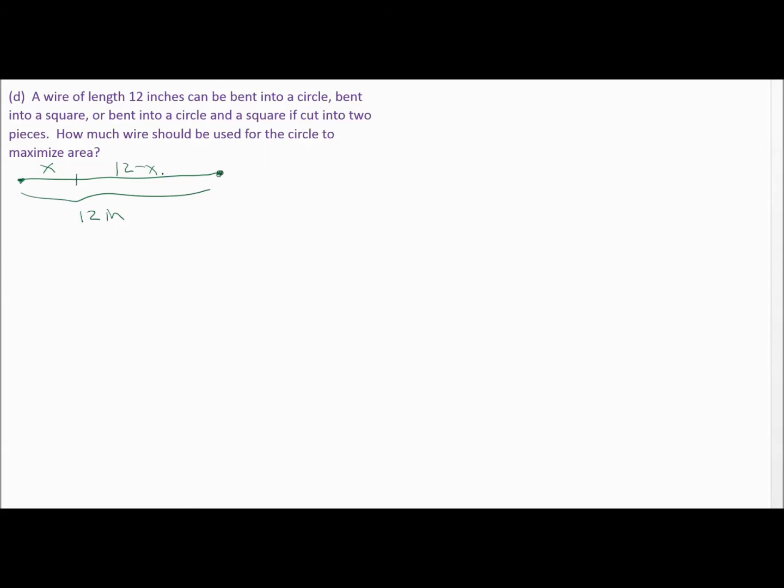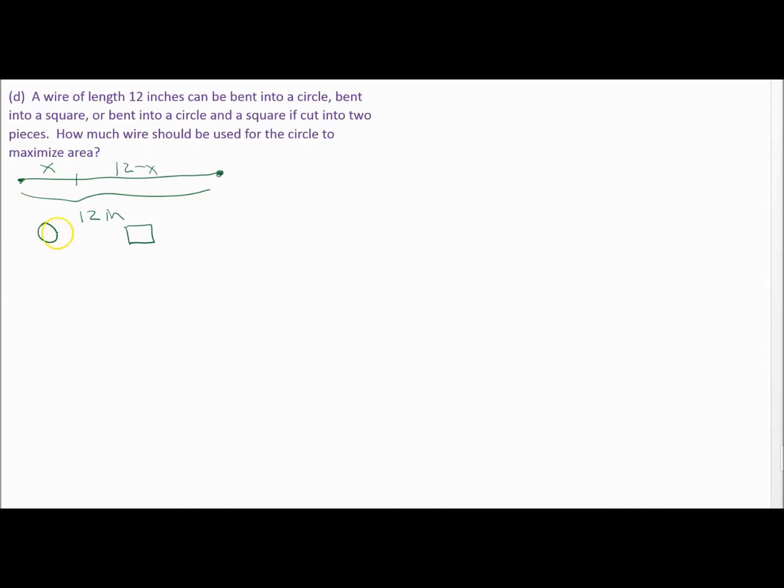Because the perimeter matters, because that's what our shape is going to be. So when you talk about the square, okay, let's let the circle exist here and the square exist over here, right?